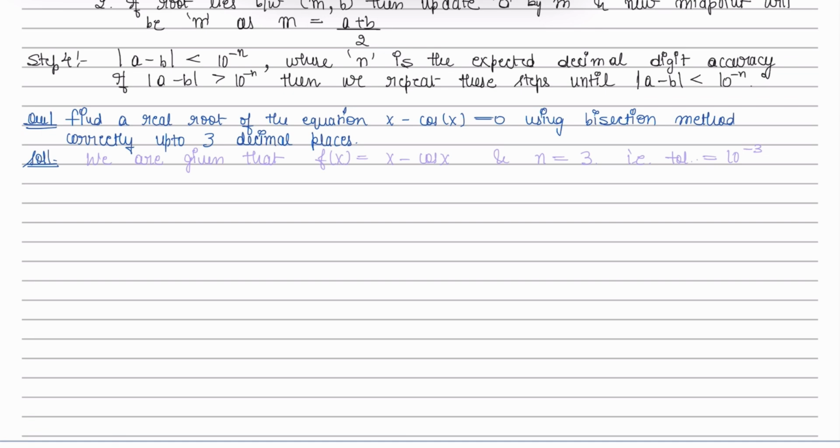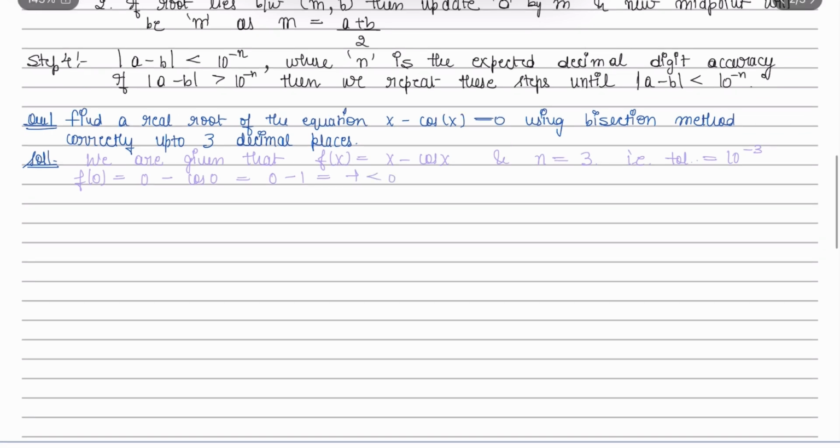Starting from 0, this becomes 0 minus cos of 0, and this is 0 minus 1 is equal to minus 1. So the value of the function at point 0 is negative. Checking the function value at the point 1, this becomes 1 minus cos of 1, which is approximately 0.4597, which is positive.